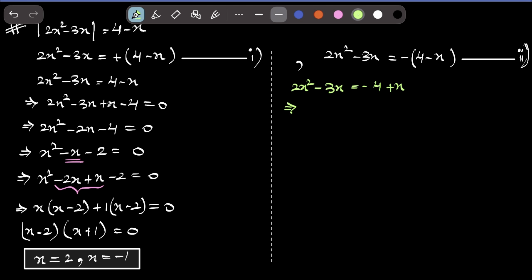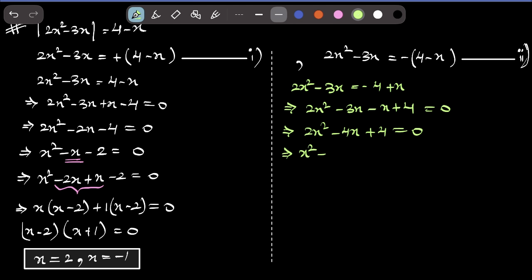We will bring everything on the left hand side, so I will get 2x square minus 3x minus x plus 4 gives you 0. Solving it, I will be getting 2x square minus 4x plus 4 is equals to 0. I will be taking out 2 common, so I will be getting x square minus 2x plus 2 is equals to 0.